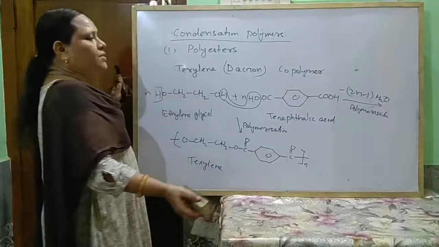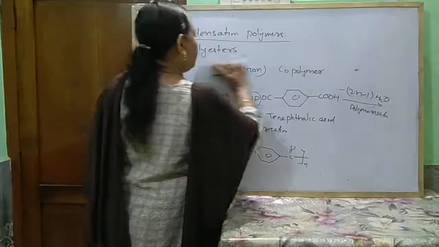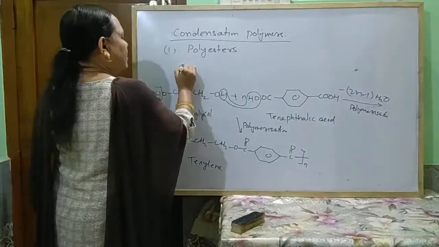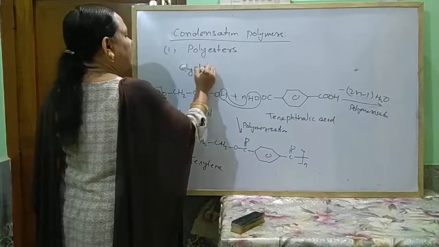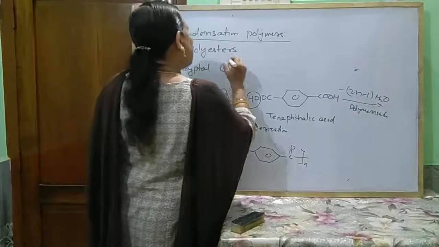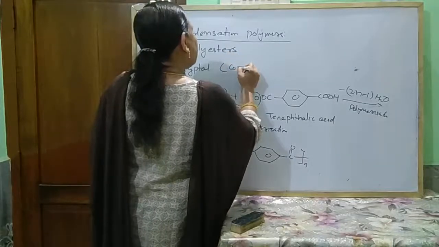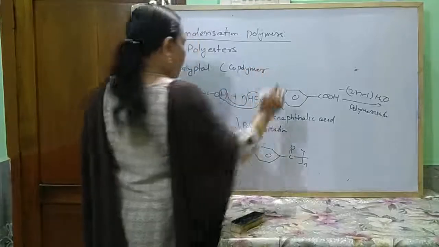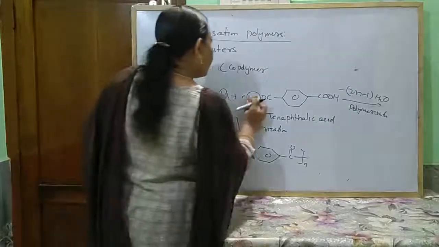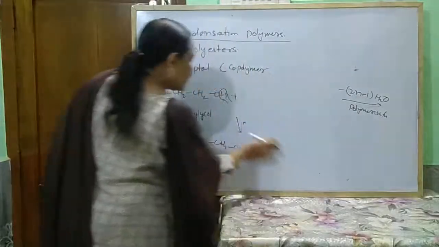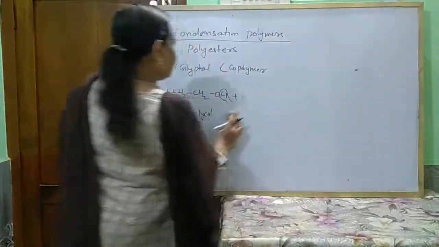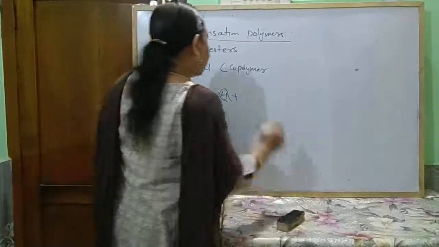another type of polyester, that is known as your glyptal. This is also a polyester and this is also a copolymer. And what are the monomer units? Here one unit is the same: one is ethylene glycol and another is phthalic acid, that is 1,2-dicarboxylic acid.